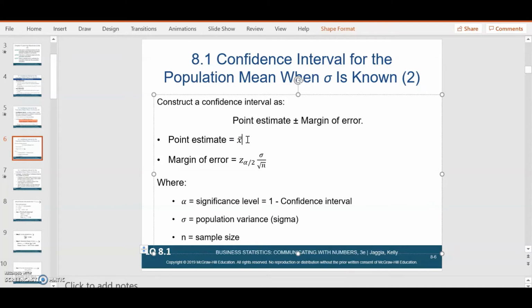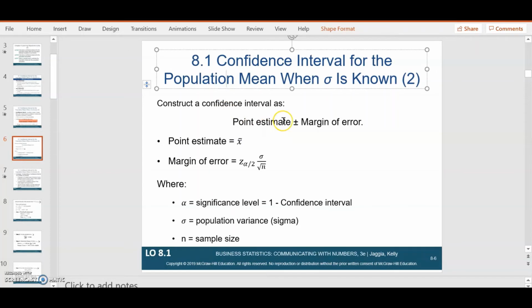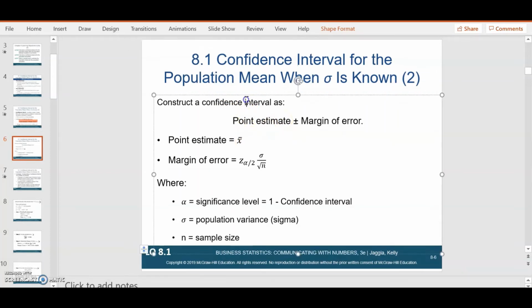So when we want to construct the confidence interval for the population mean, the sample mean will become our point estimate. On the other hand, when we want to construct the confidence interval for the population proportion, we will use the sample proportion as the point estimate.